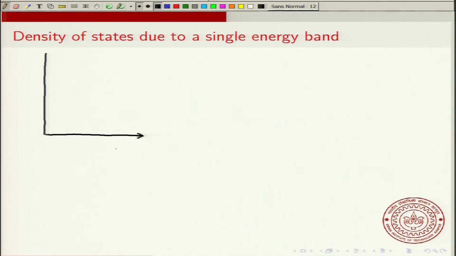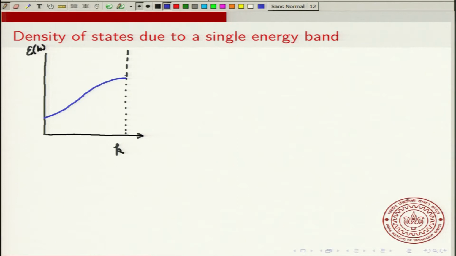Imagine I have a k here, and do not worry about the origin. Let us say this is the range of allowed values of k, and if you plot the energy of just one band as a function of k, then you will have a graph that looks maybe something like this.